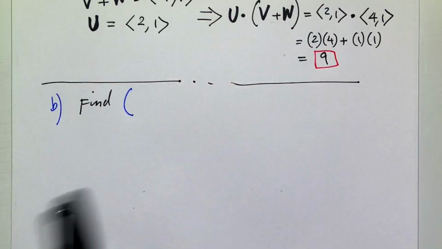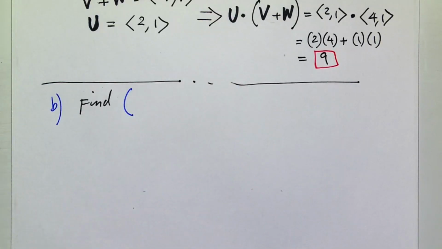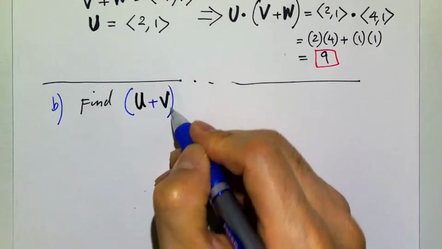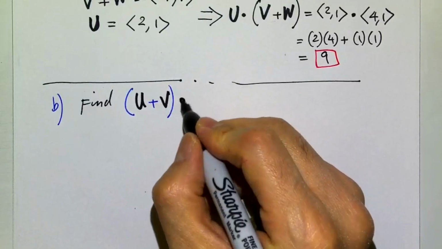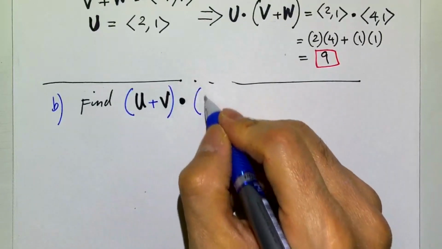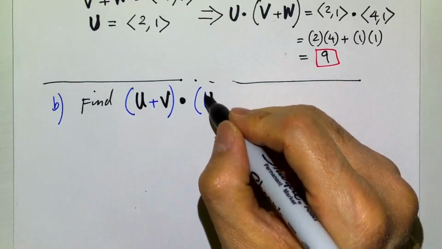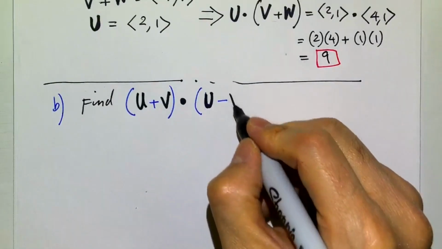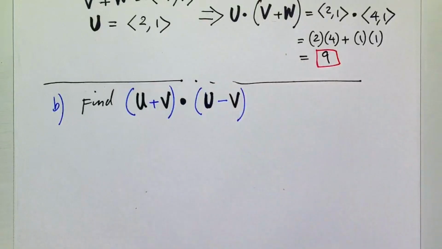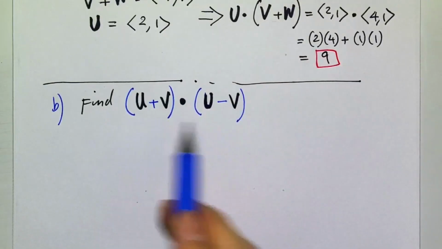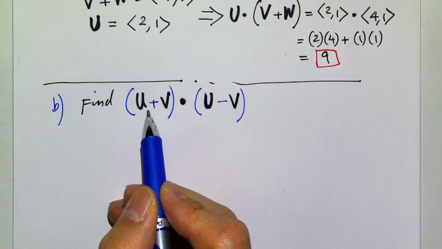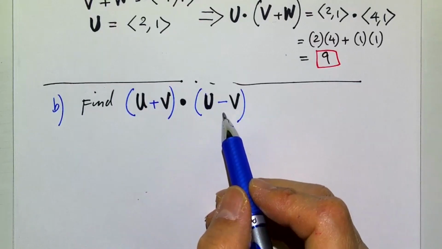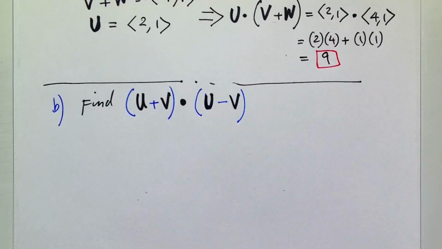We have find u plus v dot product u minus v, vector v. Okay, so each of these is a vector, right? We can find this vector, add these two vectors, get that vector, subtract these vectors, get our vector, and then take the dot product of those results.